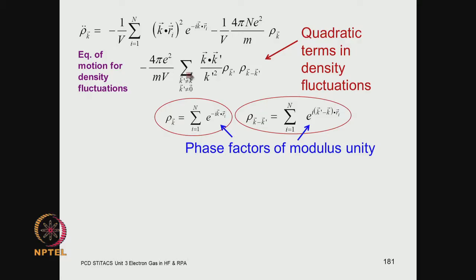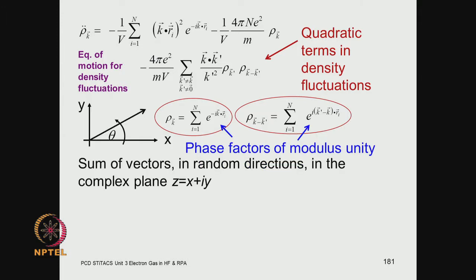The maximum value of the sine or cosine function is 1. So, their product is small, right. So, by and large, when you are multiplying these two terms, rho k with rho k minus k prime, you will have these product terms which become ignorable, they become small, okay.